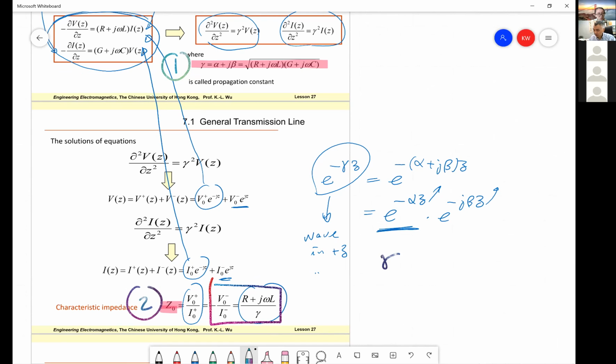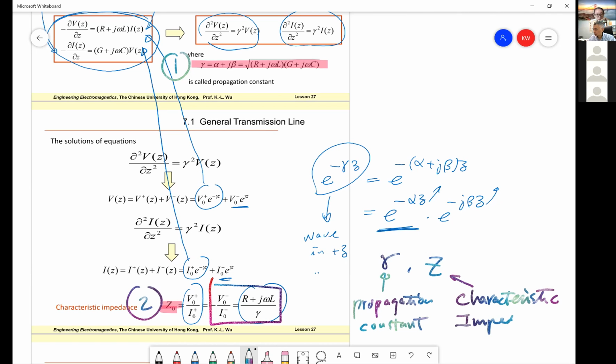One is gamma, the propagation constant, and the other is what we call the characteristic impedance. We only need these two, the basic electrical properties.